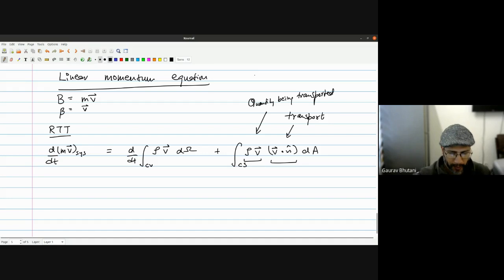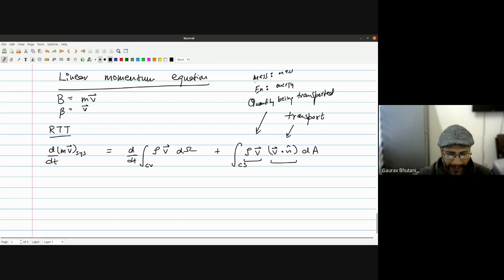So for the case of mass, you were transporting mass. Okay, you're transporting some amount of fluid. So if a fluid moves in or out, its mass moves in or out. So the quantity being transported was mass. In case of energy, I've not done it, but we can use capital B equal to energy. So in that case, the quantity being transported is energy.